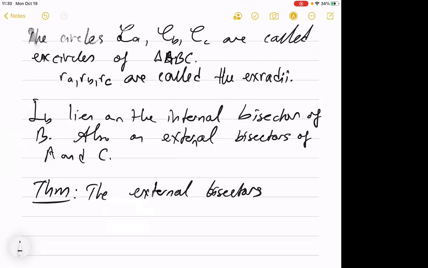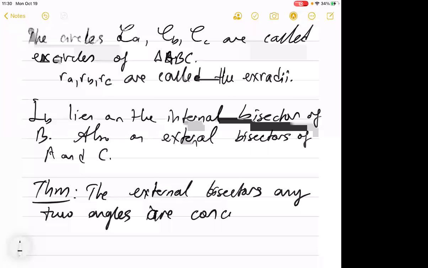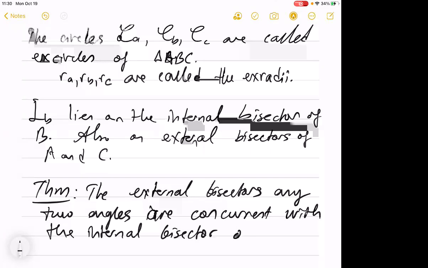The external bisectors of any two angles, for example A and C in the above example, are concurrent with the internal bisector of the third angle.